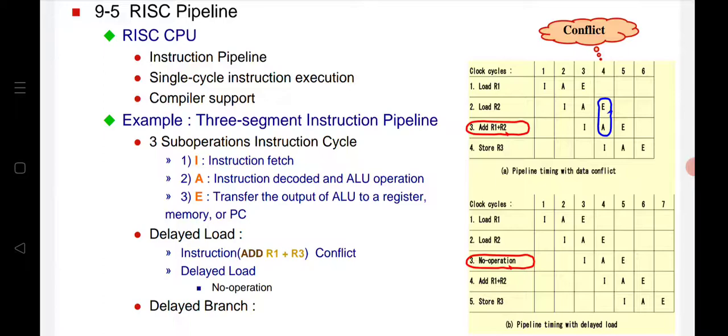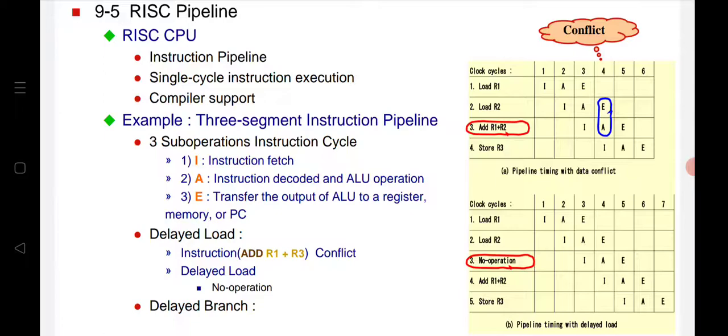Your first instruction will be executed. The second instruction will be under instruction decode and ALU operation, and the third instruction will be fetched. Now in the fourth clock pulse, the second instruction will be executed and the third instruction will be in decode and ALU operation.